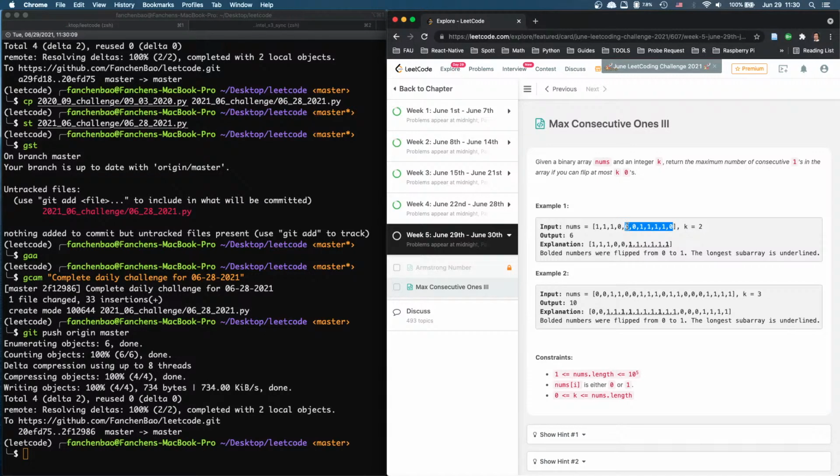So for each one, like for this one, and for this one it's the same, I can say I want to know if I flip, then I want to know the maximum. Maybe this is doable.